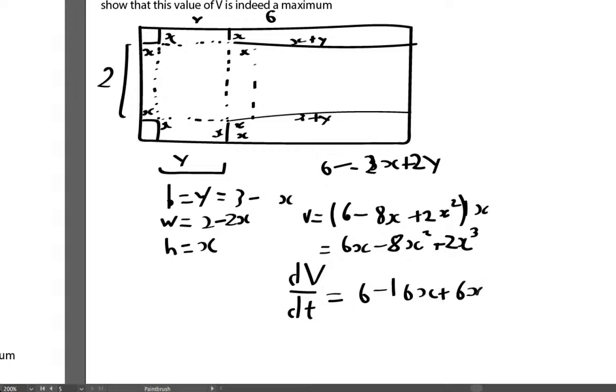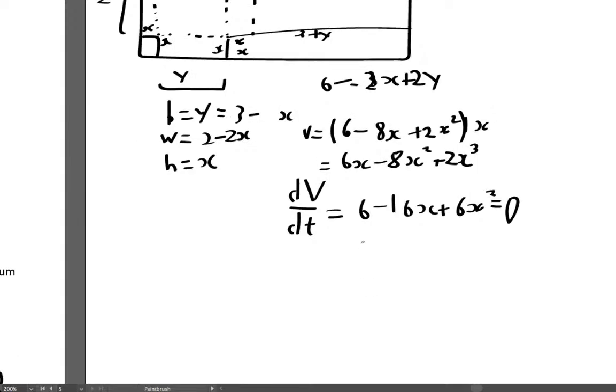We want this value to equal 0. And according to my logic, this needs to be solved by using the quadratic formula.